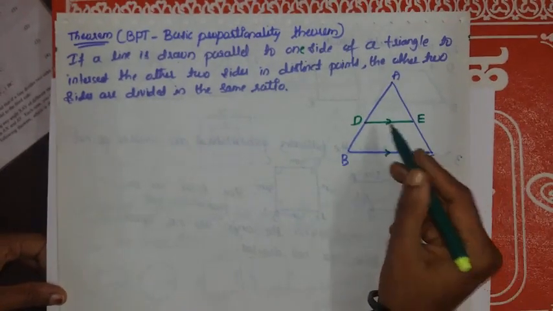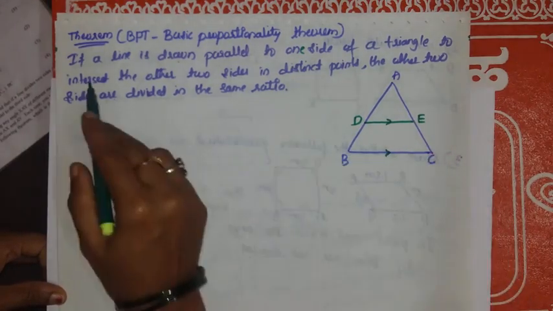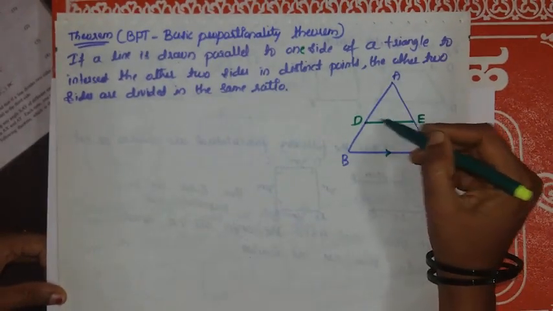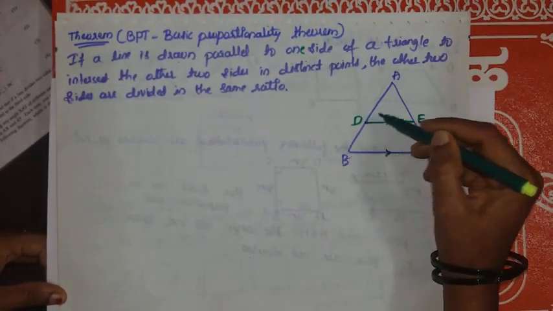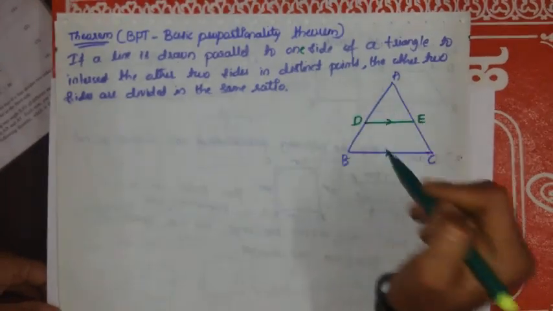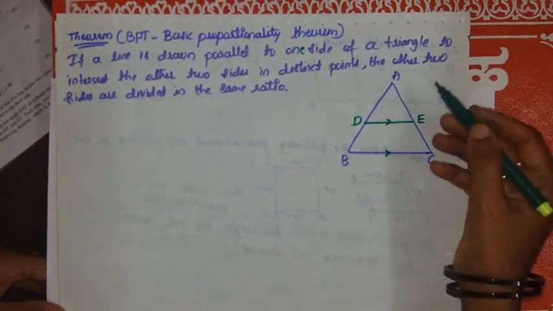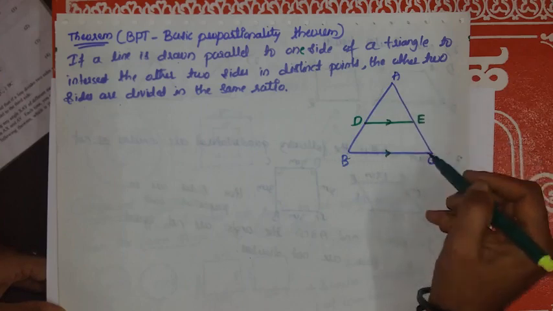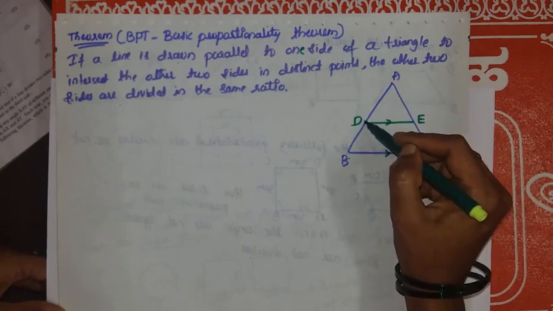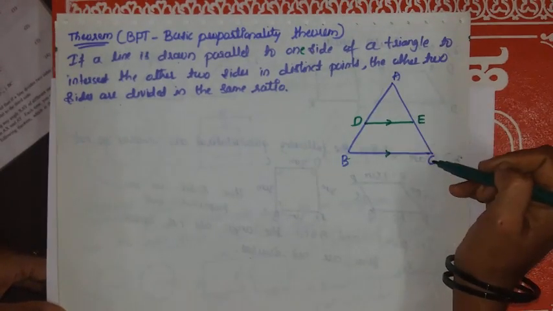It intersects the other two sides at different points: DE intersects AB at D and AC at E. Then we need to prove the other two sides AB and AC are divided in the same ratio, means AD divided by BD equals AE divided by EC. We need to prove this one.